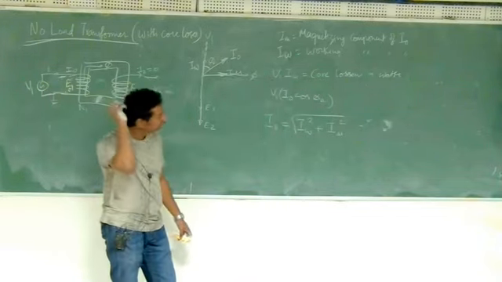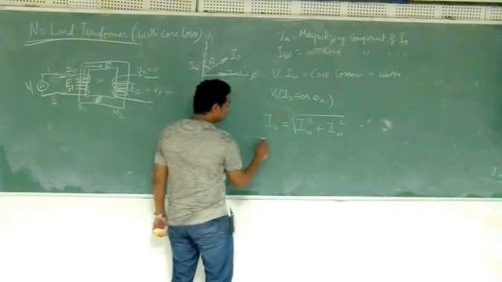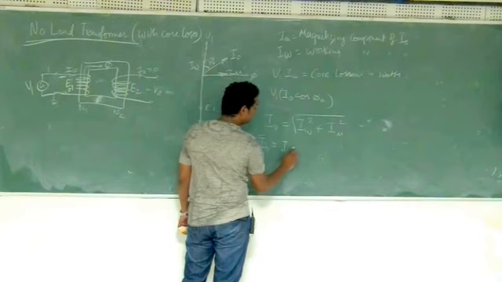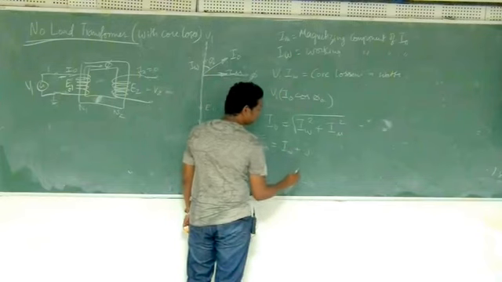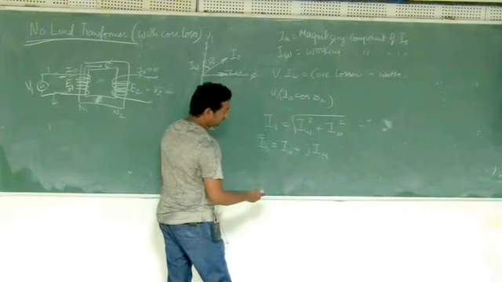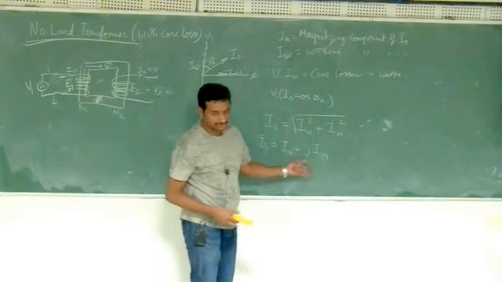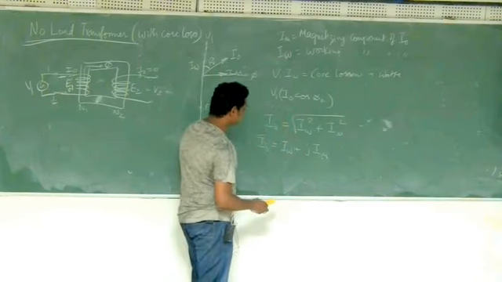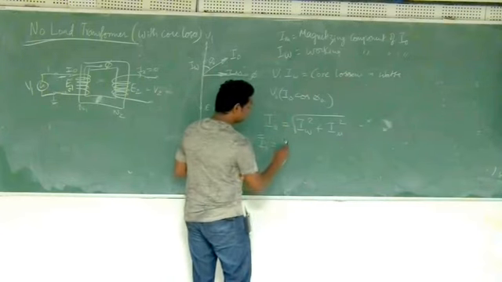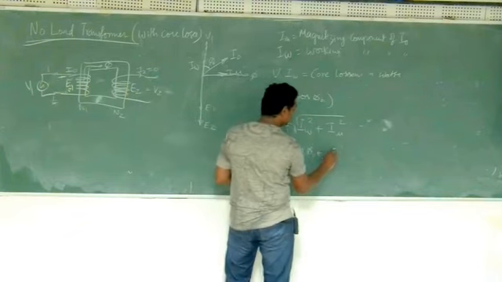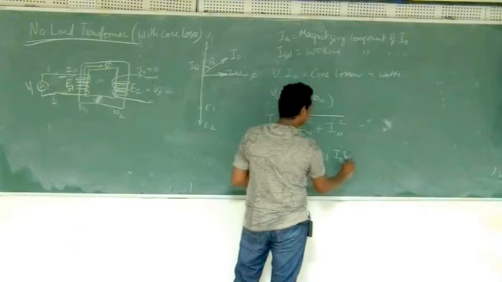So the I naught vector equals IW plus J I mu, or you can give the J here or there, depending on your thinking. Or I can write it as I naught cos phi naught plus J I naught sin phi naught.